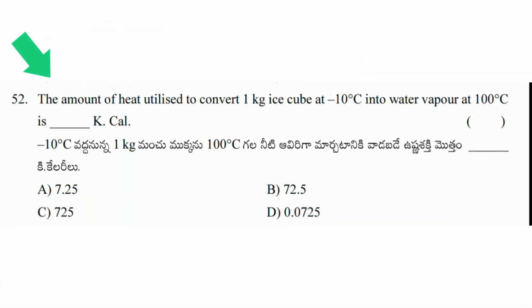Coming to the next question: the amount of heat utilized to convert 1 kg ice cube at minus 10 degrees centigrade into water vapor at 100 degrees centigrade is dash kilocalories.